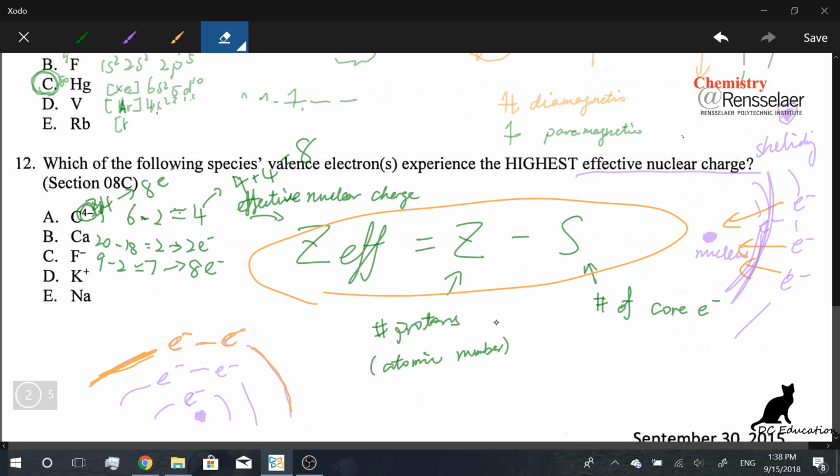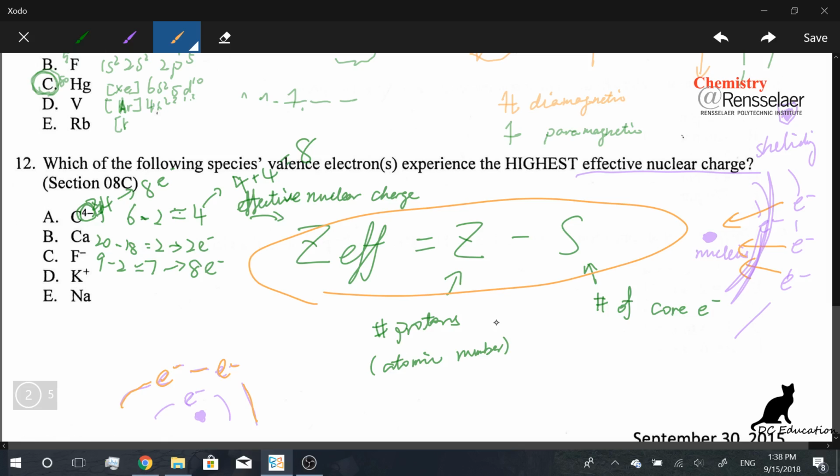Because we lost this part during some kind of reaction, now the second layer that used to be the core electrons becomes the valence electrons, I think 2, 8, 8.